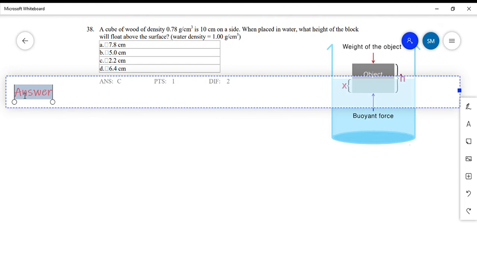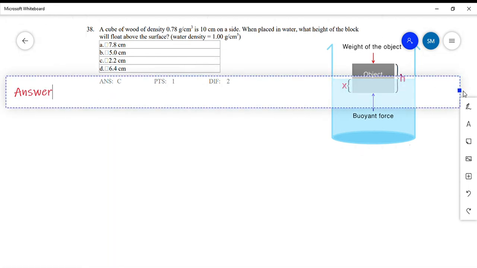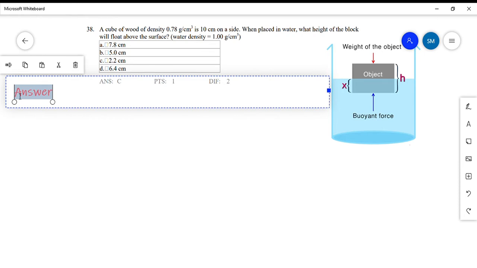X over H is equal to the density of the object over the density of the liquid.